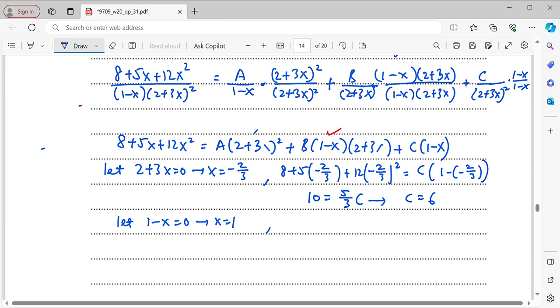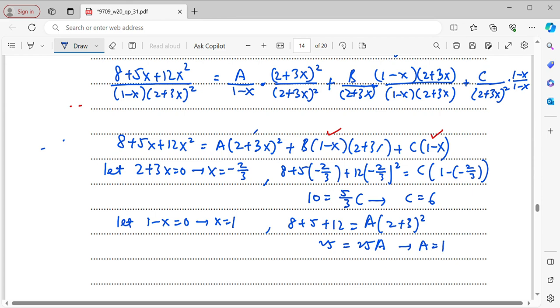So the left hand side, 8 plus 5 times 1 plus 12 times 1. Then it will be A times (2 plus 3 times 1). The other two factors here will be 0. That means now you will get 25 equals 25A. Then A is 1.